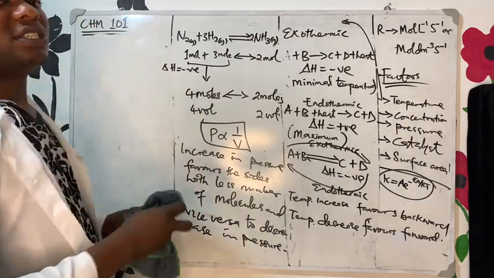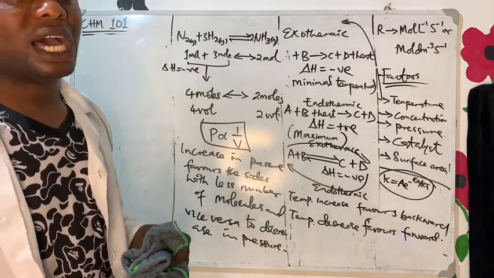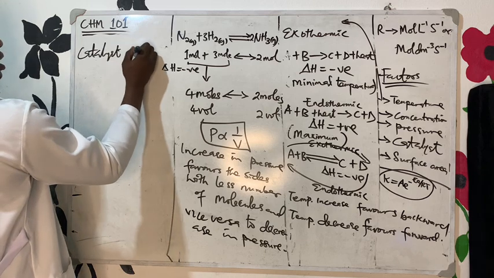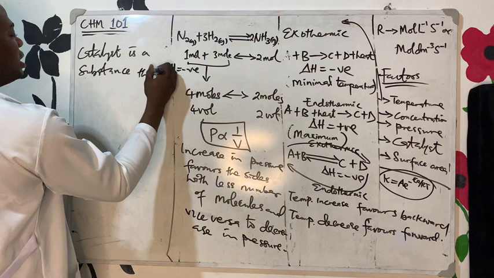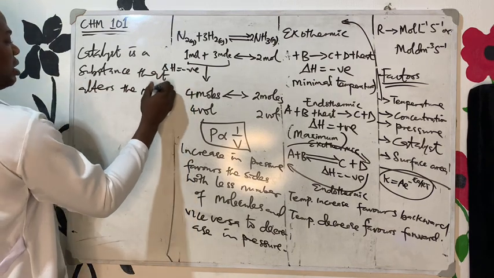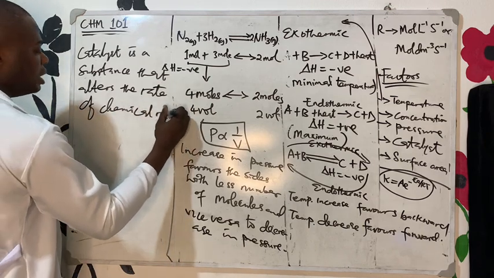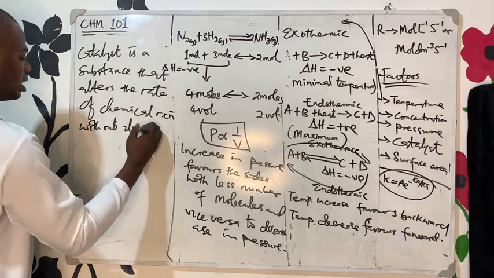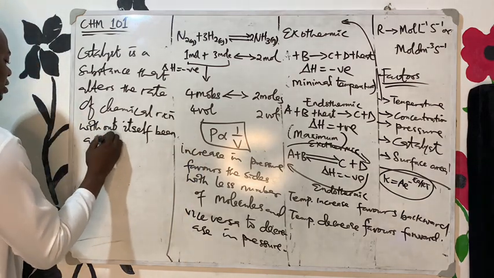Catalyst. A catalyst is a substance that alters the rate of a chemical reaction without itself being affected.